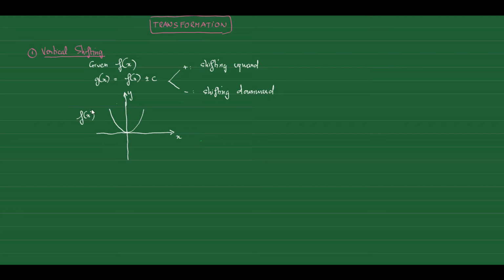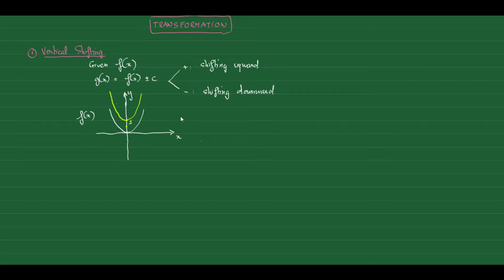Now, what if I want to shift f of x upward 2 units? So this is 1, this is 2. So I'm going to shift it upward 2 units, and I'm going to have something like this, right? Because I'm shifting upward 2 units.